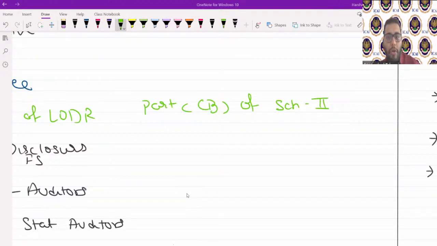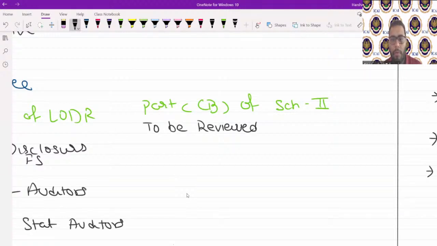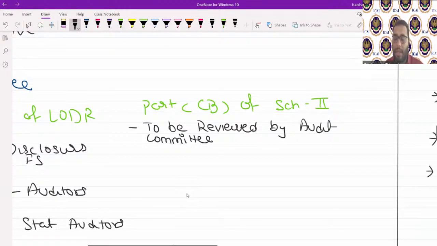Now these are the documents that are required to be reviewed by the audit committee, and these are of greater importance.